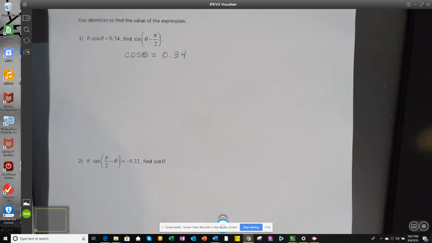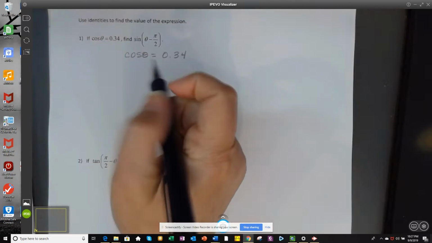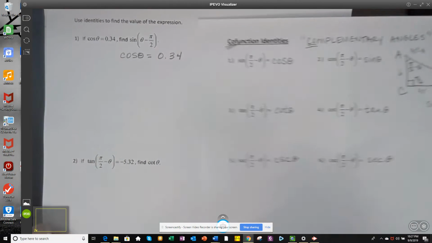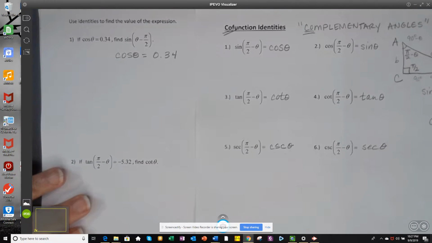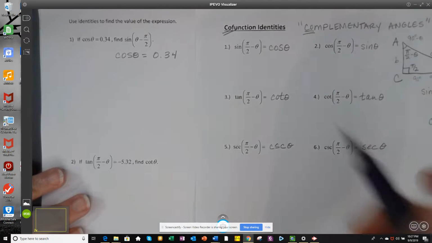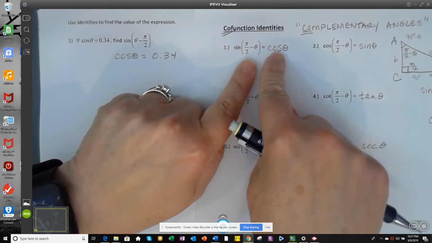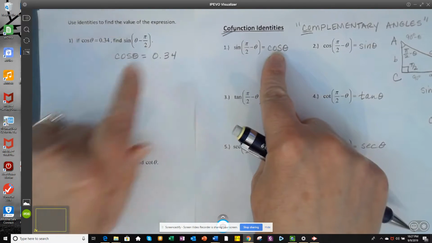And the ones that I'm thinking we're going to use has a cofunction idea with it. Well, here's my cofunction list. And the one that's closest is this one. So I know that cosine theta equals this. So I can make that change right away.